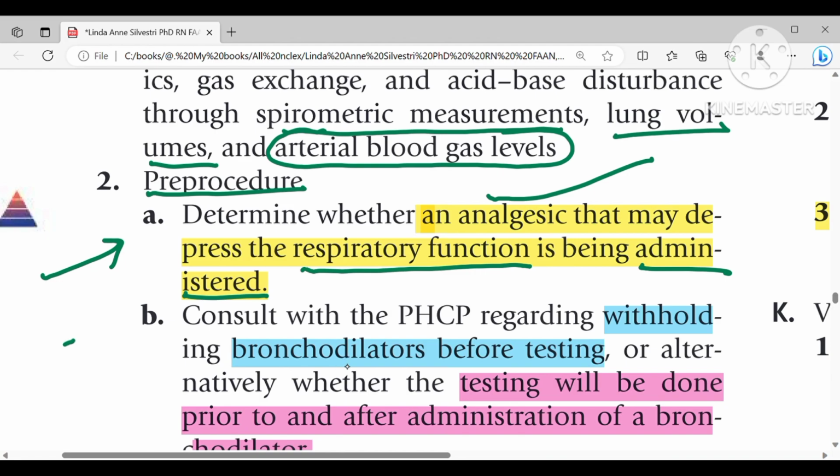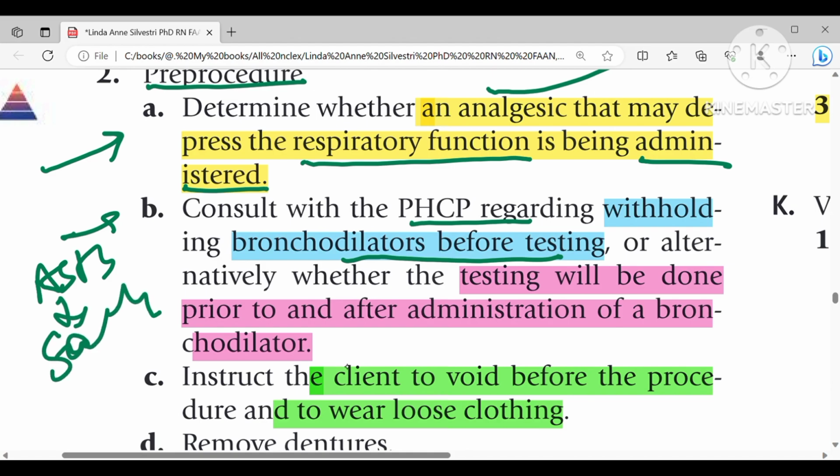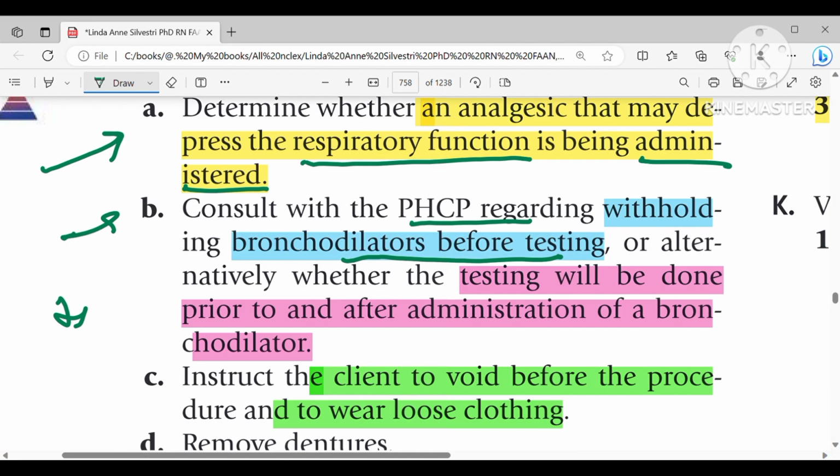Next one is consult the primary healthcare provider regarding withholding bronchodilators before testing. If any bronchodilator like salbutamol or ipratropium is going on, we need to ask the provider whether we should hold it before the testing.